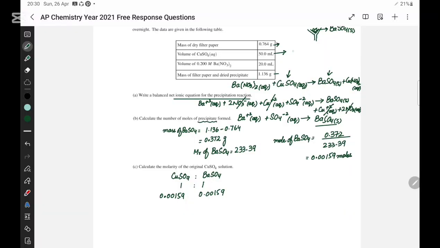I have to convert it into liters because I need to calculate the molarity. Molarity is equal to moles divided by volume: 0.00159 divided by 50 milliliters, converted into liters by dividing by 1000, so that comes out to be 0.05, and molarity comes out to be 0.0318 molar copper sulfate.